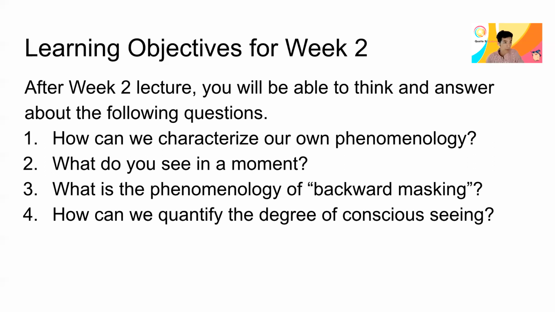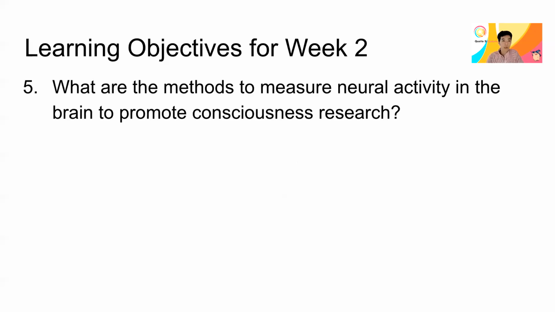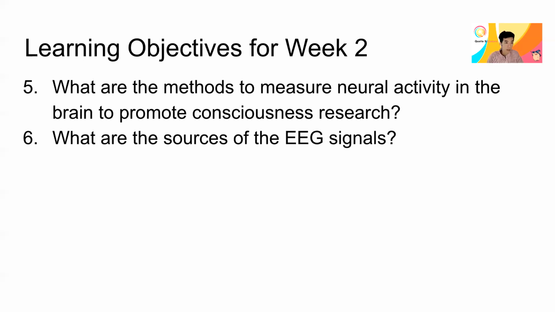That's the question. And then in the latter half of this week, I'm going to explain what methods are available to measure neuron activity in the brain to promote consciousness research, and what would be the required assumptions for these methods. And then in particular, we are going to talk about two types of neural measures.